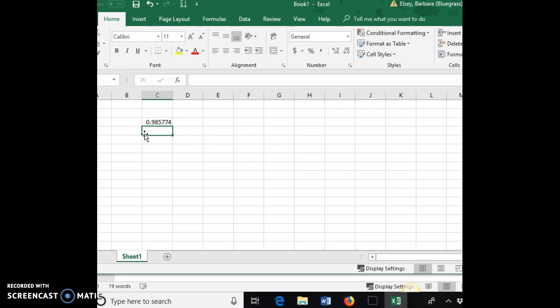Now this is not our p-value. Let's remember that when we were looking at a picture of this, we had two tails. And this right here is the probability that we have a z-value less than 2.191. And what we really want to look at, since we're looking at a tail that's really to the right, we want to subtract this from 1.